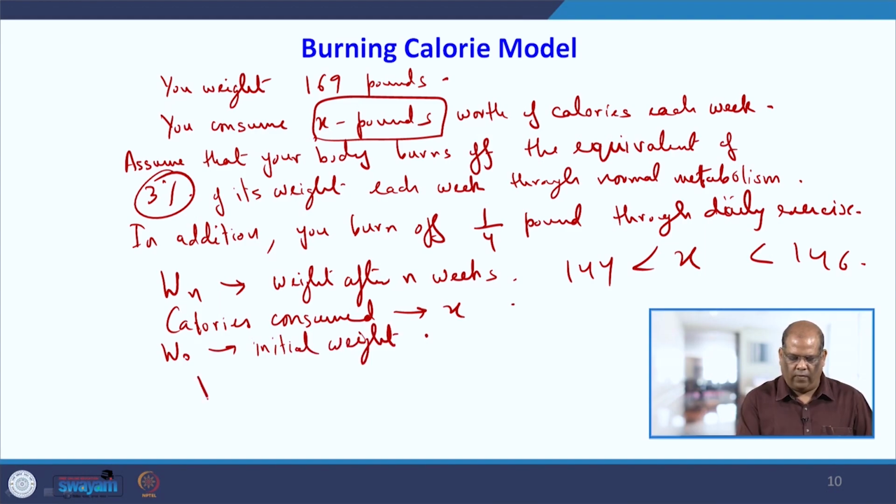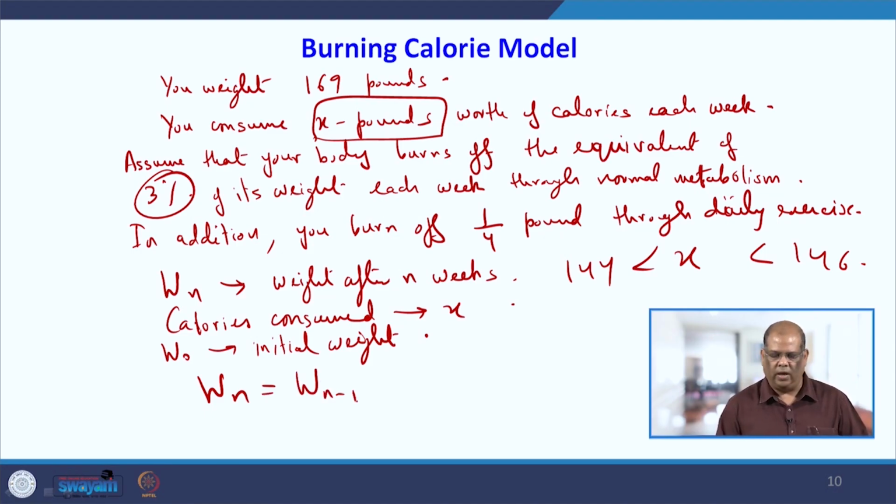So, you have Wn, which is Wn minus 1, the previous week, and then your body burns 3% of its weight through normal metabolism, so minus 3 by 100 of Wn minus 1.